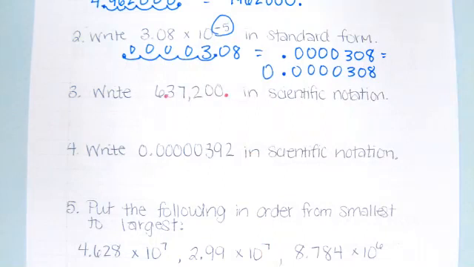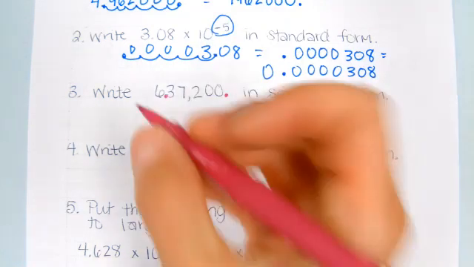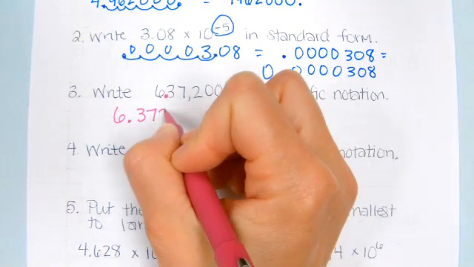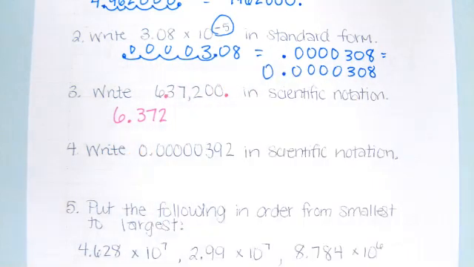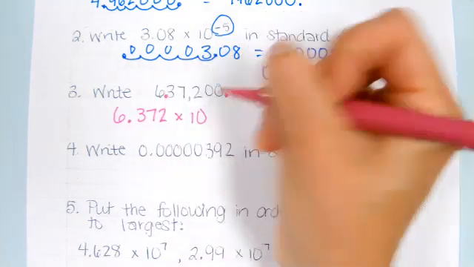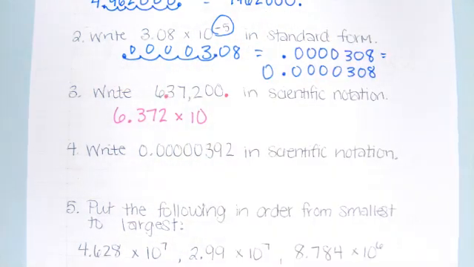So what's the first part of this answer then? Yep. 6.372. Do I have to write the zeros or no? Nope. Then what? Times 10, right. And raise your hand if you can tell me the exponent that this should be.